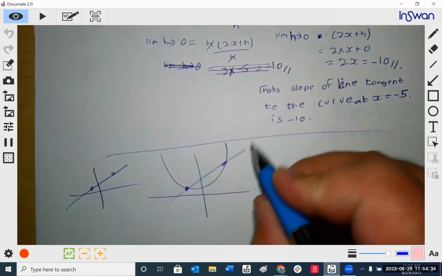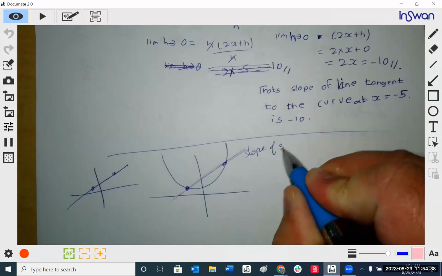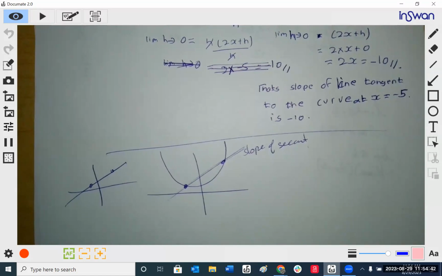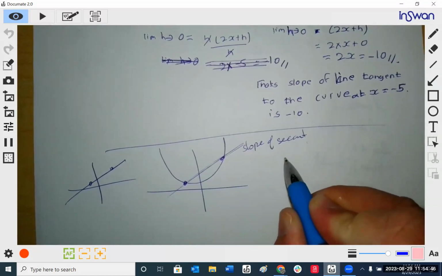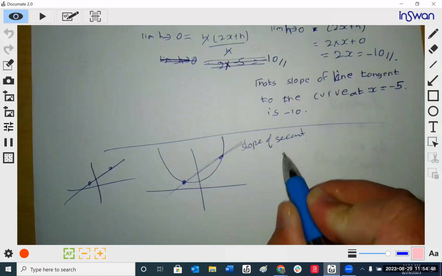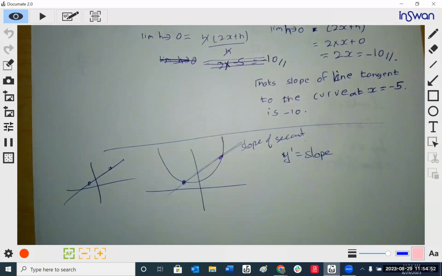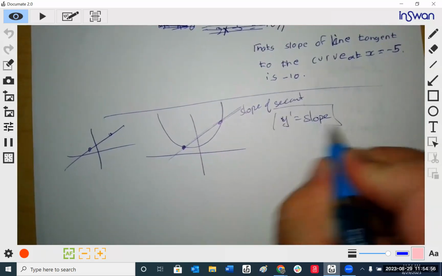No, we found the slope of the secant to the curve. We don't know anything about the curve yet. So what we're doing here is the first derivative is the slope. This is what we're getting to.